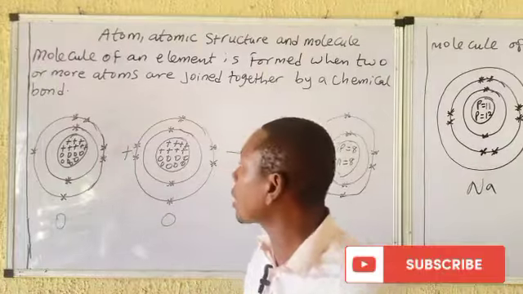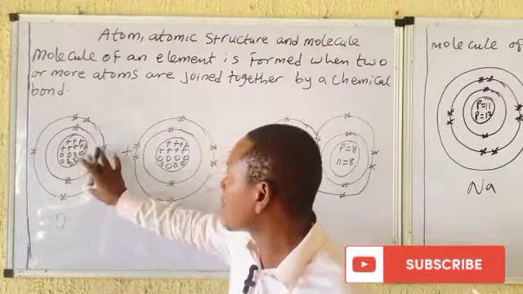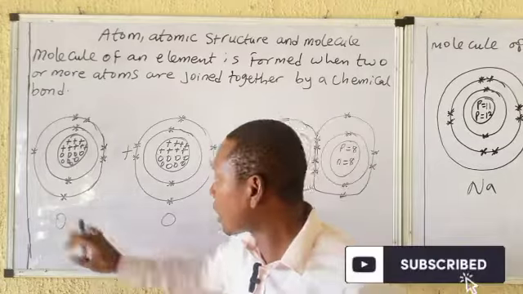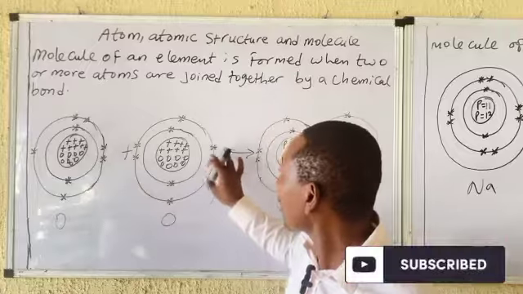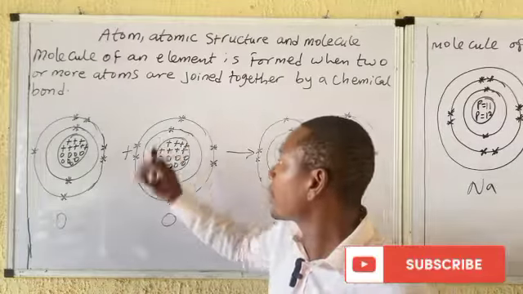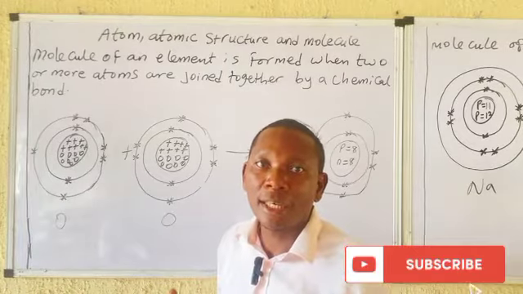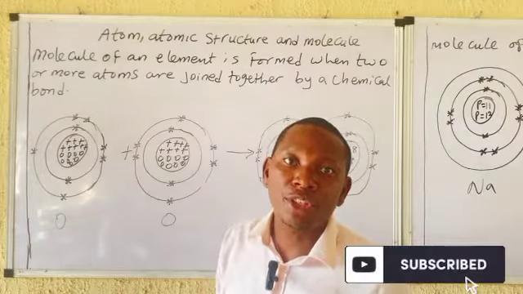All right, so let's take a look at this. Now, this atom is present in an unstable state. It has 6 electrons in its atomic shell. There's another atom present in an unstable state having 6 electrons in its atomic shell. These two can decide to come together and share electrons, then form a stable state.